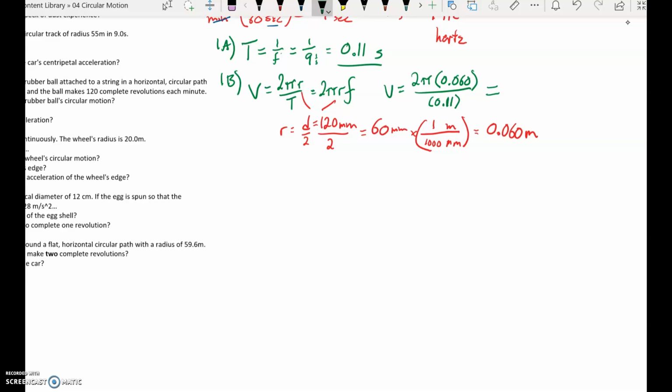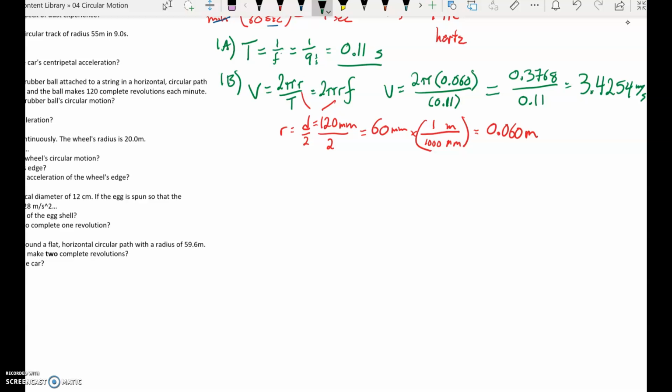Which, plugging this in really quick, 2 pi r is 0.3768 divided by my period of 0.11 seconds gets me a speed of 3.4254 meters per second.